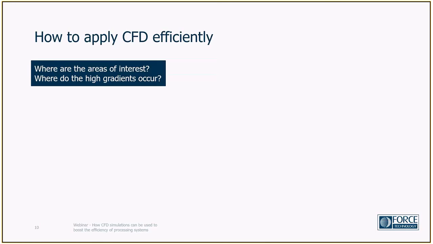And then after that, we need to ask ourselves, where are the areas of interest and where do the high gradients occur? Then we will be able to understand the mesh.